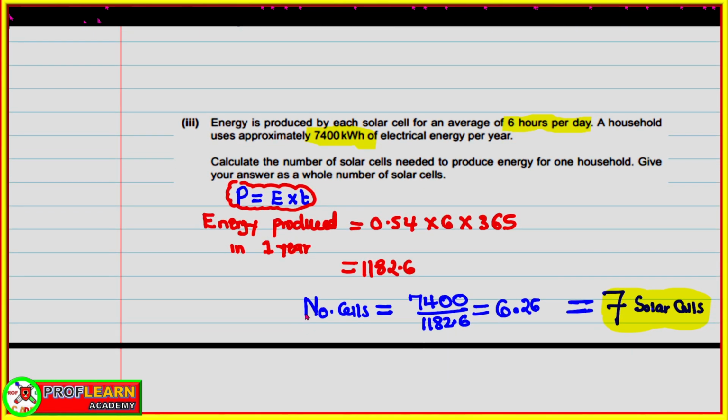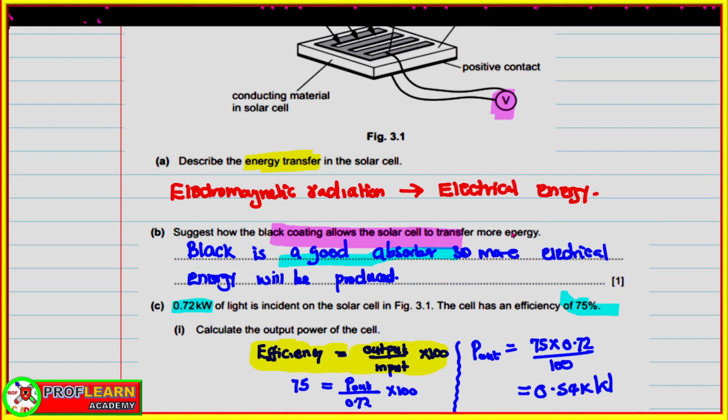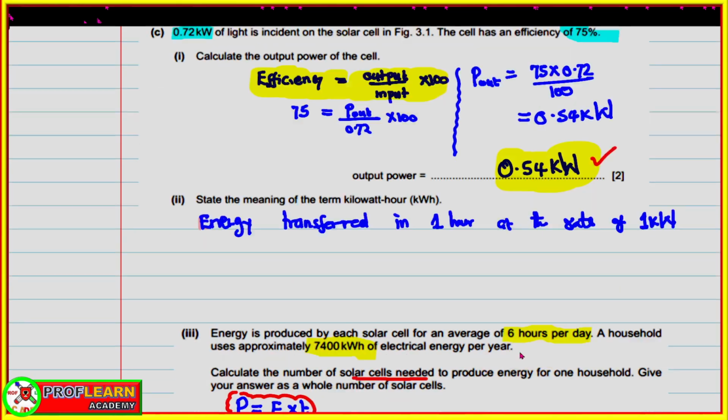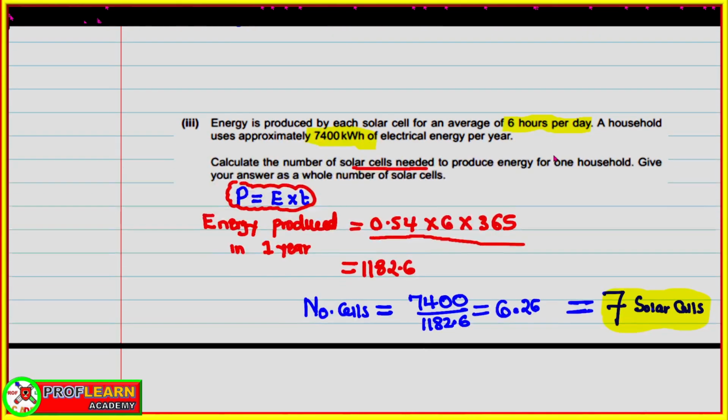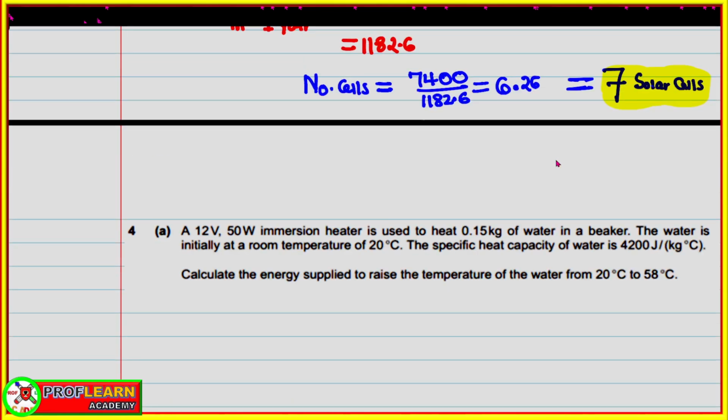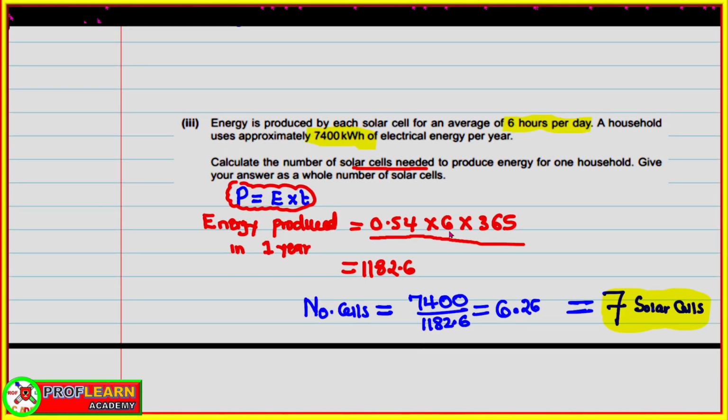Yes, so we also had a question to determine the number of cells, and first we were to work out the energy produced in 1 year. So I used the kilowatt hour that was in this particular part, the output, times 6 hours, which is the available time per day, times 365.